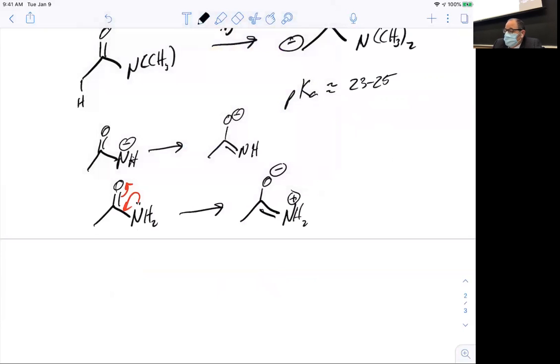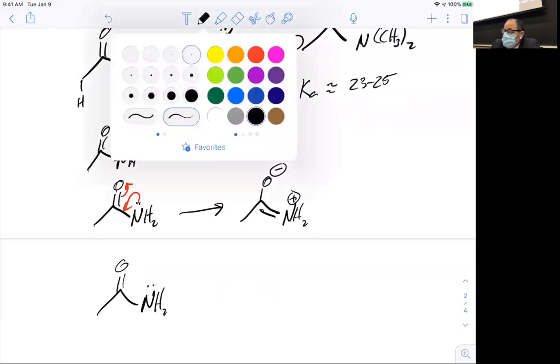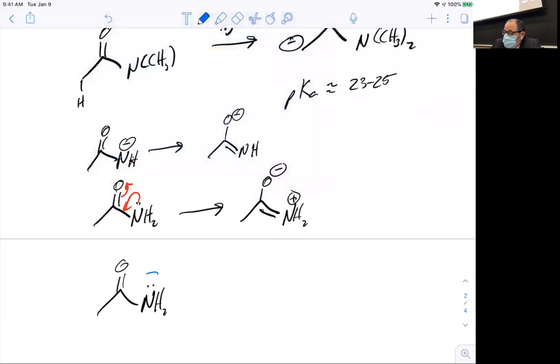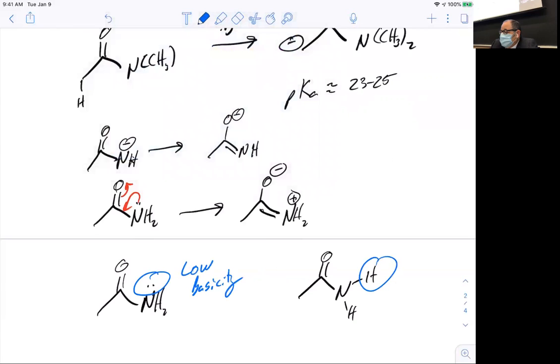So what that means in this compound is that these lone pair here has a low basicity, right? It doesn't react very well as a base. But if we have a nitrogen with hydrogens attached, these hydrogens are weakly acidic. So I can deprotonate one of those hydrogens on the nitrogen.